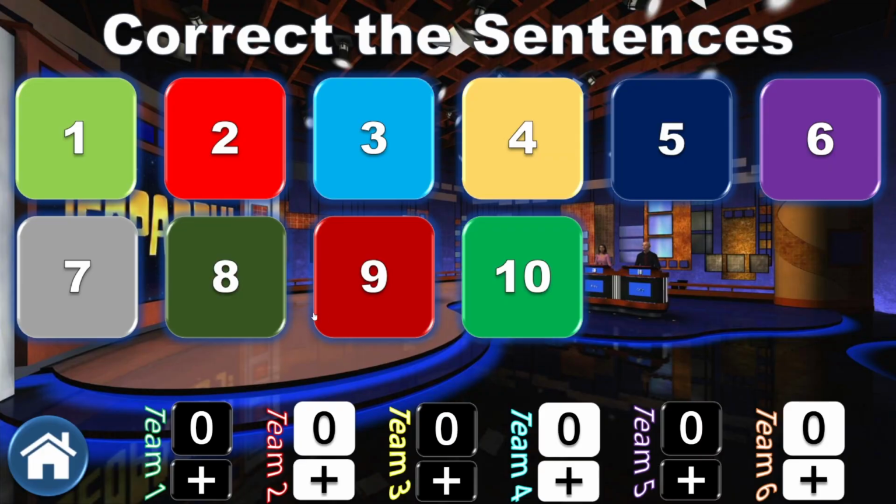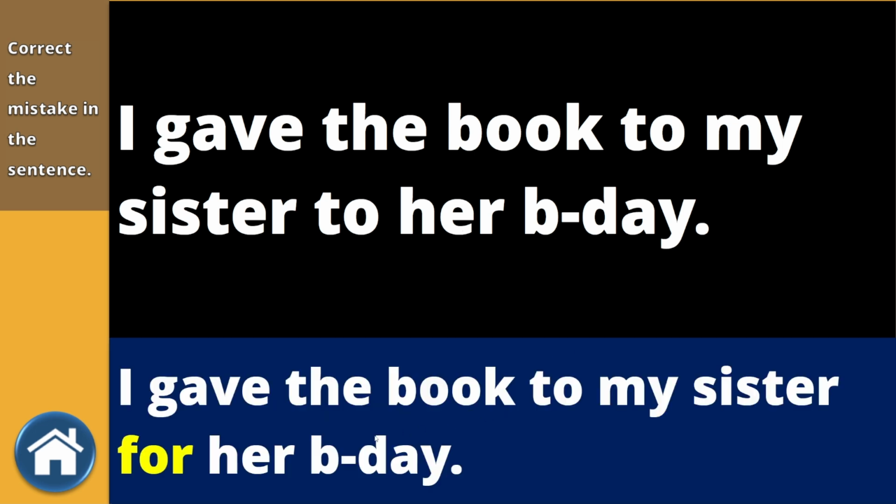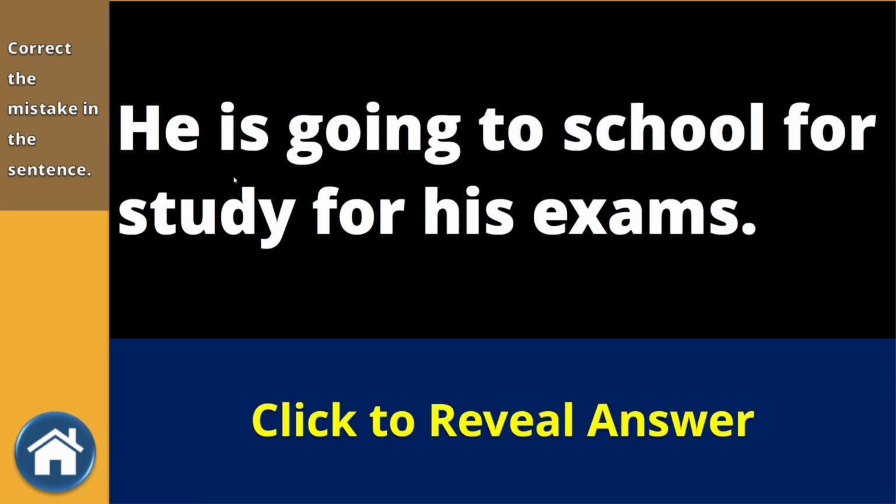What about some mistakes? I gave the book to my sister to her birthday. Well, that's not right because her birthday is a noun. So you gave the book to the sister, that's correct, but for her birthday, not to her birthday. Or he's going to school or study for his exams.